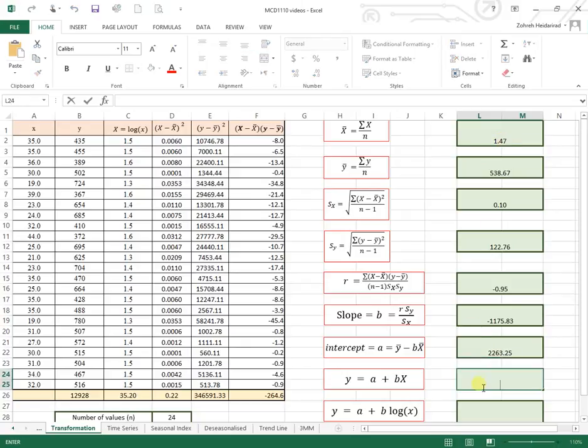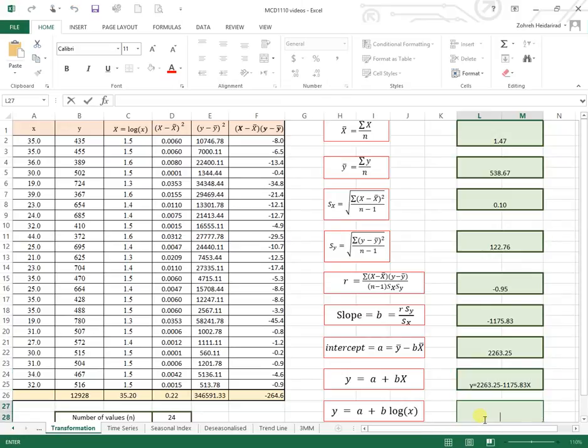Now we can write the equation of the line. So here y equals a, 2263.25, plus bx, but here slope is negative 1175.83 capital X, right? Now we substitute the log x here.